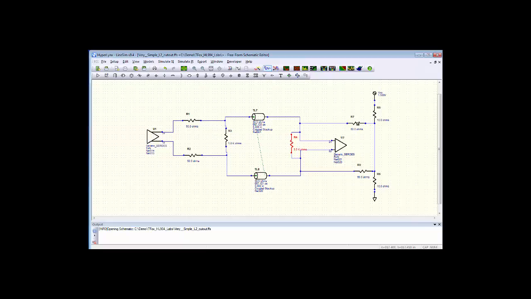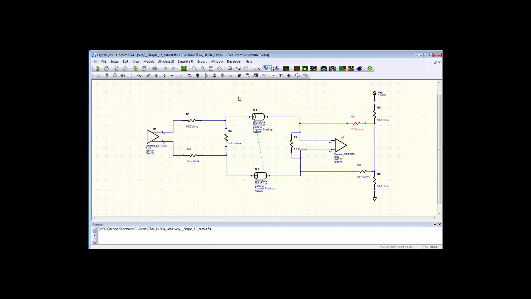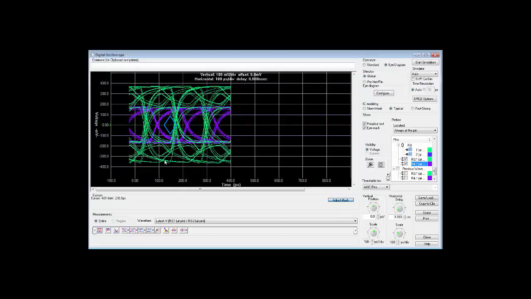All right, so let's make this one 51.3, and this one 51.3. Okay, now let's run that simulation again. There, we've got it.